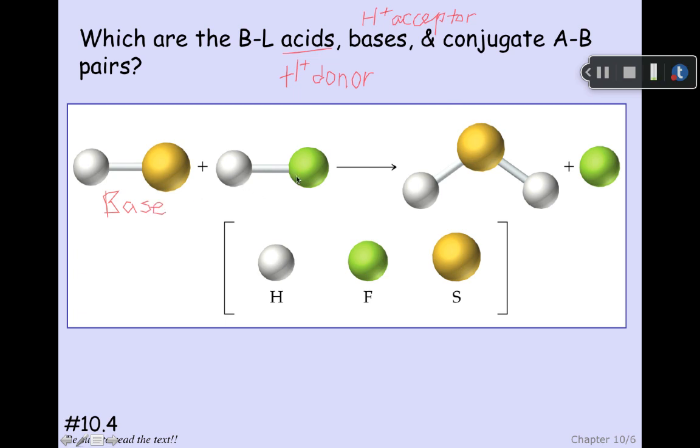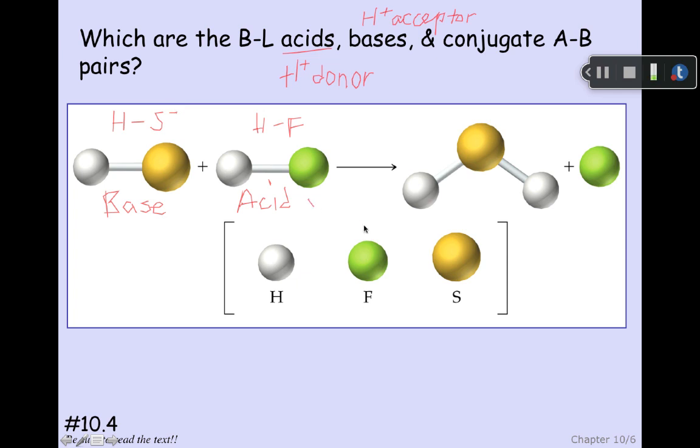The white and green molecule ends up as the green atom by itself, and so that means that it has given away the hydrogen ion in this example. So this will be the acid. The green and white molecule is the acid. If you want to put a label to it, it's HF. Oh, that sounds like an acid now that you mention it. But the other one could be if you weren't sure, because it says HS. In this case, it would have a negative charge, although that's not depicted in this reaction.